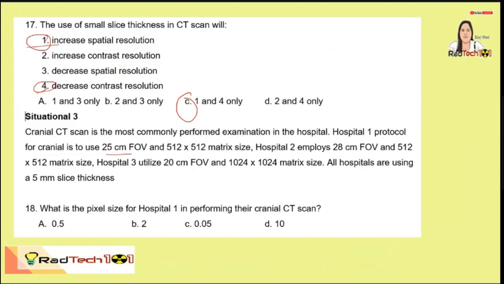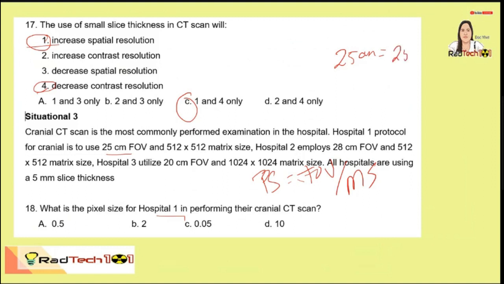So the formula for pixel size is equal to FOV divided by the matrix size. So we are talking about the pixel size for Hospital 1. The FOV here is 25. Let's write it here, 25 cm. So we should convert it into millimeter.